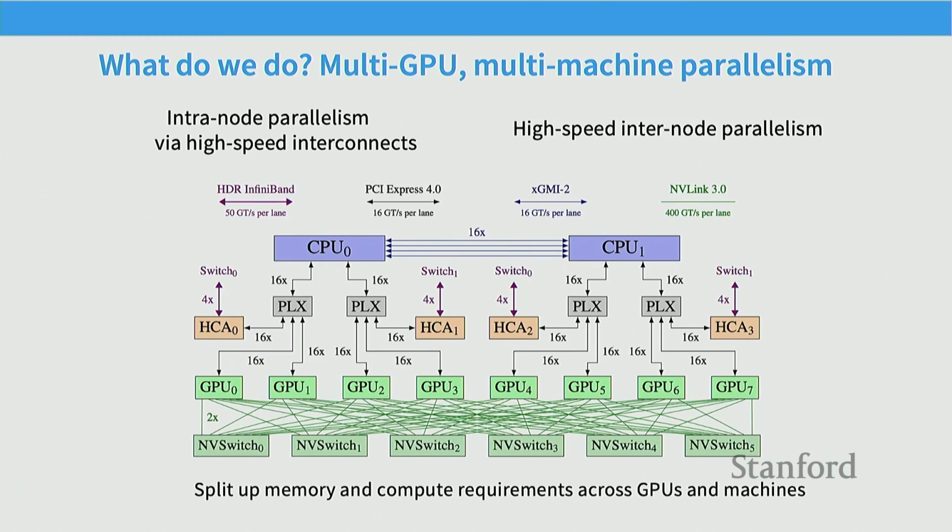Here there are 8 different GPUs, right? They're connected to the various CPUs through fast interconnects. Within each machine, you see this NVSwitch thing at the bottom. This is very, very fast connections across these 8 GPUs. But if these 8 GPUs want to talk to GPUs on a different machine, they're going to have to go through a networking switch. And you see this purple line that says HDR InfiniBand. That's a much slower connection compared to the NVLink connection, right?